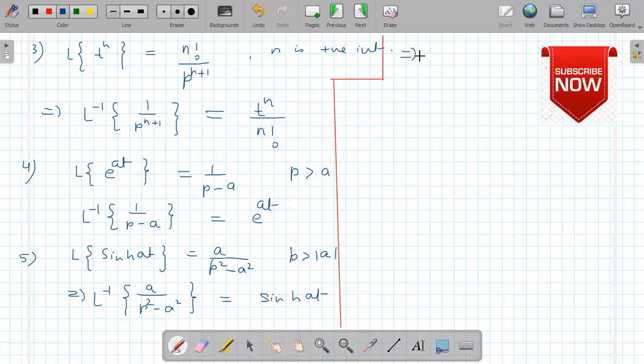So this implies Laplace inverse of 1 upon p squared minus a squared is equal to sinh(at) divided by a.